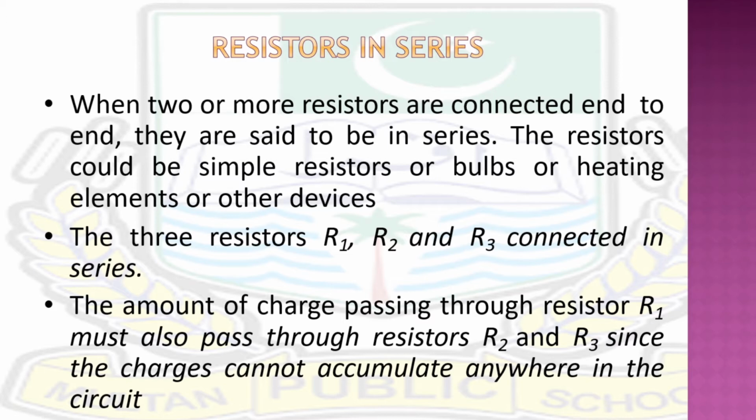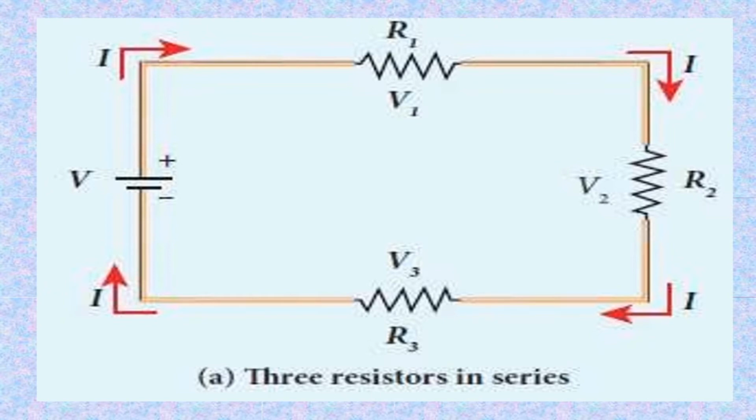Now we will observe a circuit here. You can see the circuit consists of three resistors in series, R1, R2 and R3. The red arrows show the direction of the current, while V1 is the voltage across R1, V2 is the voltage across R2, and V3 is the voltage across R3.